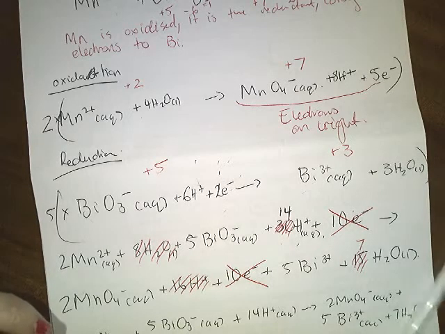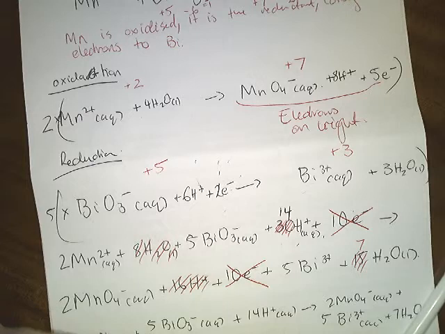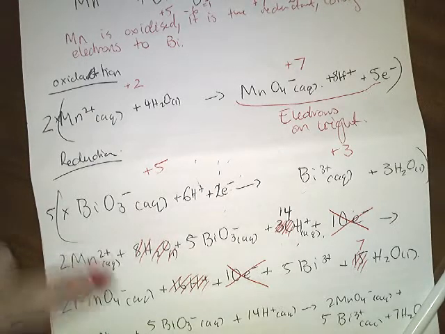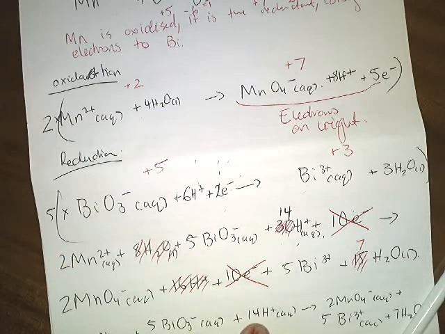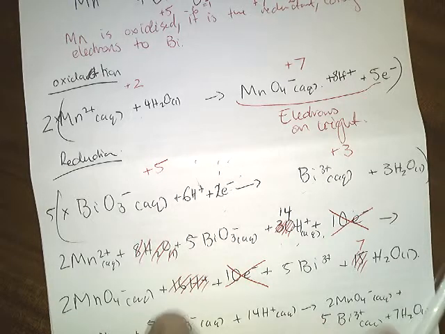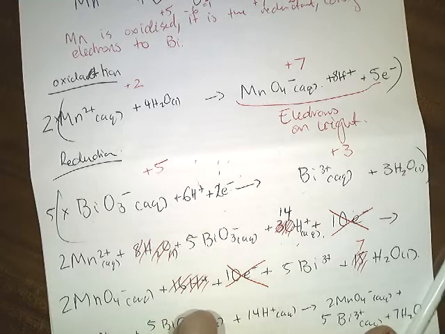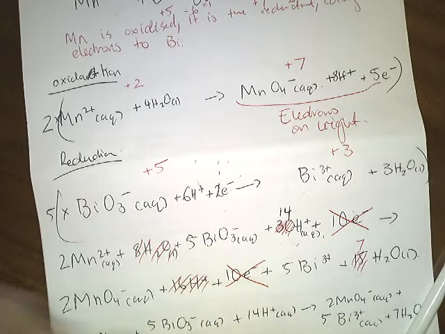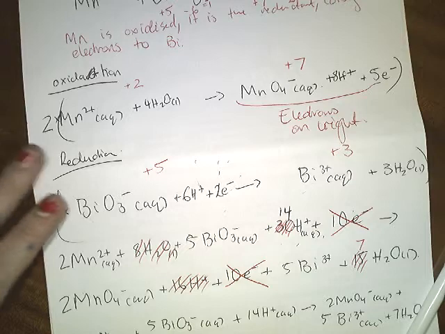Okay, and that should be it for that one. Let me just get the next equation. So that's, in the end, 14 H pluses, 5 BiO3-, 2 MnO4-, 2, 8, and 2, 7, and 5. Perfect.